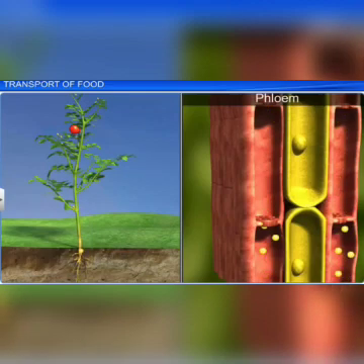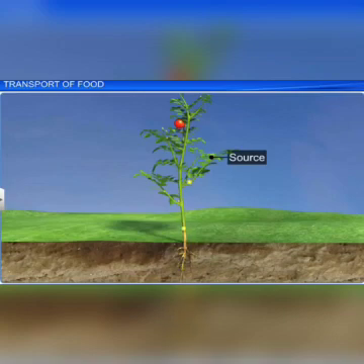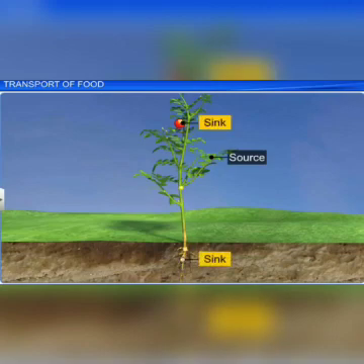The transport of sugars inside the plant by phloem is called translocation. The leaf is usually the source, since this is where food is synthesized via photosynthesis, while a sink is any part of a plant where food is stored or is required. For example, fruits or roots.